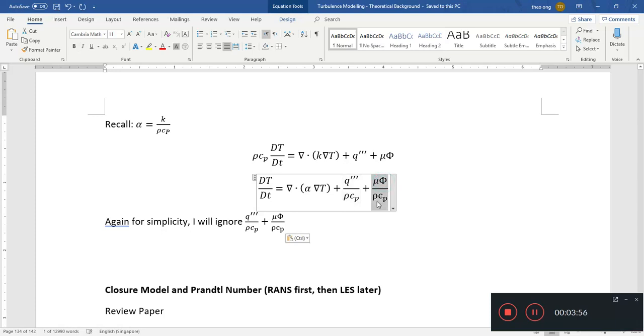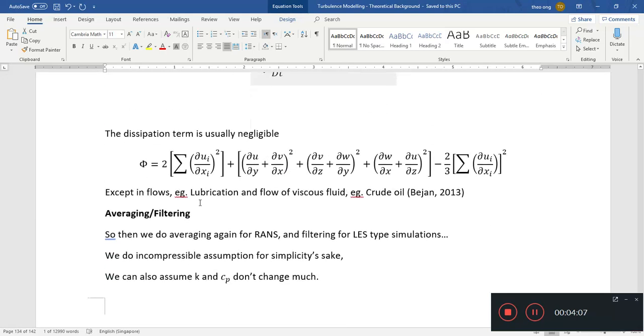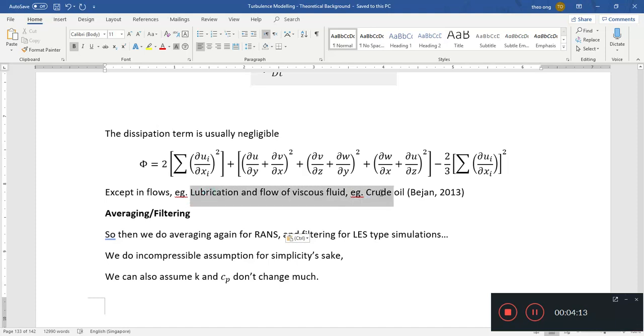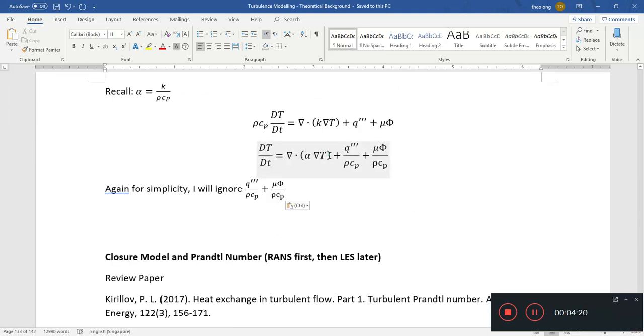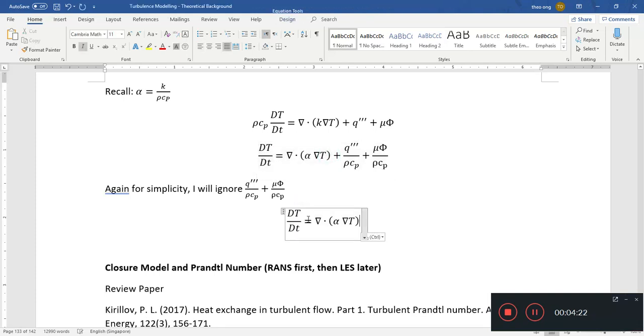Except in flows such as lubrication and flow of a viscous fluid, for example crude oil in a pipeline, this dissipation term is usually negligible, as noted by Bejan. So again, we want to make it as simple as possible, just for the sake of understanding, not for the sake of rigor.